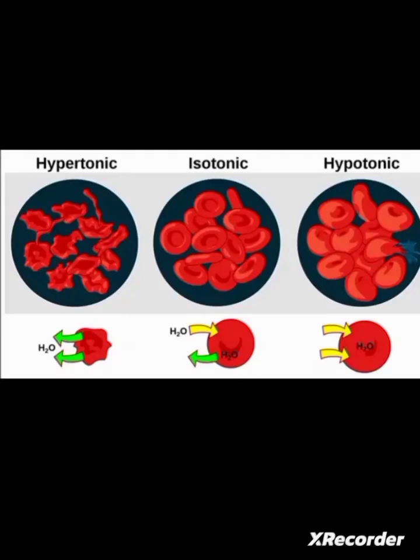Intravenous fluid is divided into three forms: hypotonic, isotonic, and hypertonic. A hypotonic solution provides more water than electrolytes and dilutes the extracellular fluid.